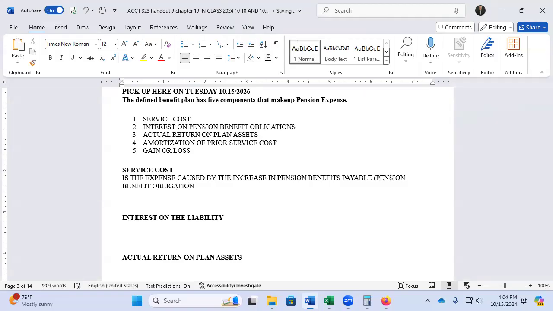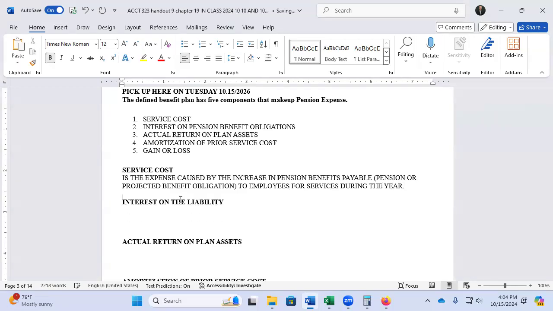I thought it was pension, but they put projected. This book keeps changing stuff on me every year and it stays the same version. Service cost is the increase in benefits payable to employees for services during the year. And I'll give you time to write that. I know it takes longer to write it than type, so please take a minute.